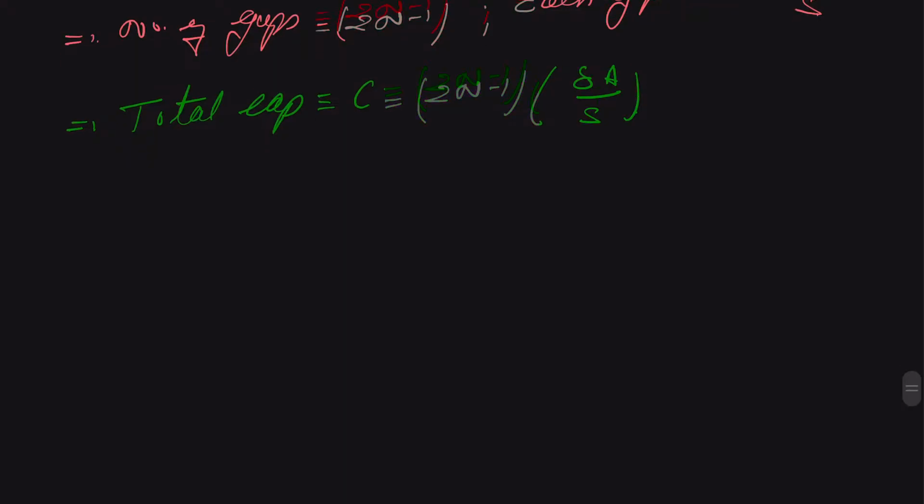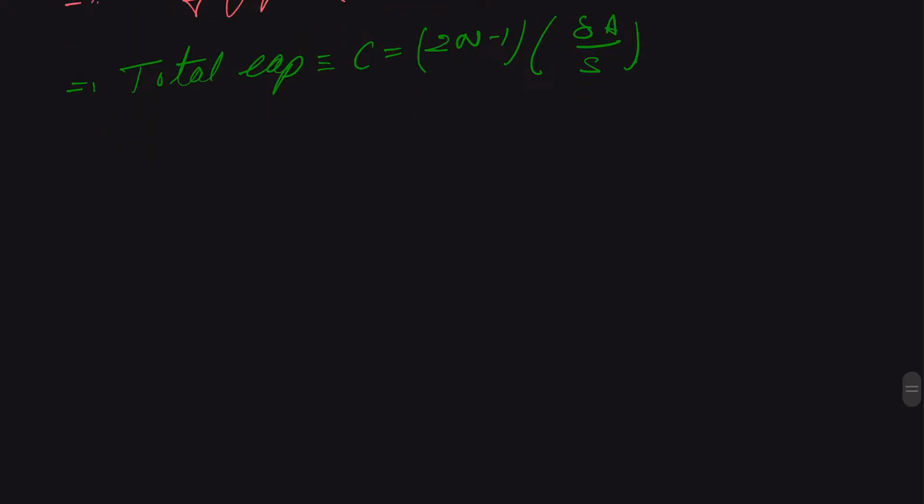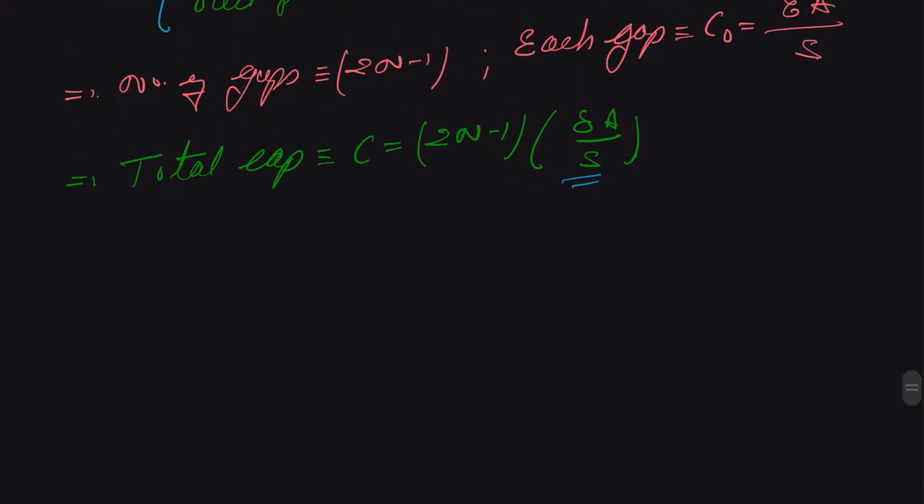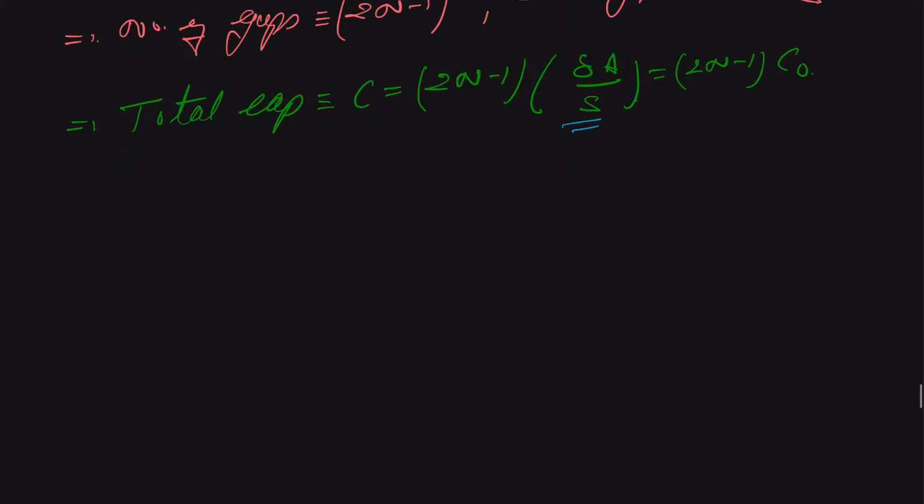And this A upon S is nothing but our C naught. Therefore, we can write this as 2n minus 1 times C naught. Okay, so this is our total capacitance of the parallel plates, whose number is given as 2n.